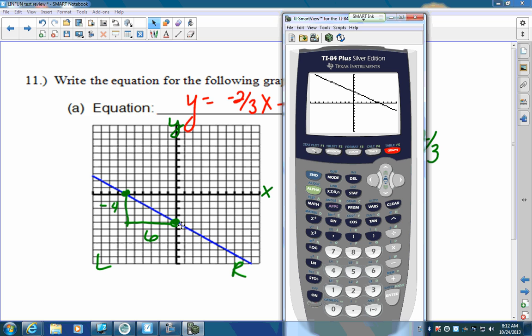So then I could have looked back and seen, okay, I need to go over here and put a minus 4. So then when I put a minus 4 and press graph, now it shows me the correct one.